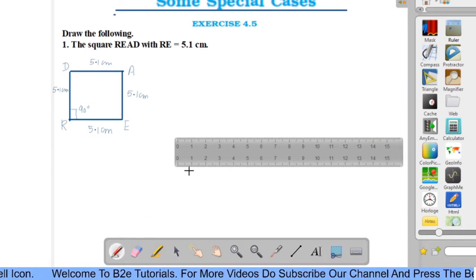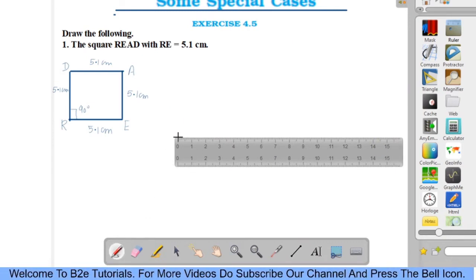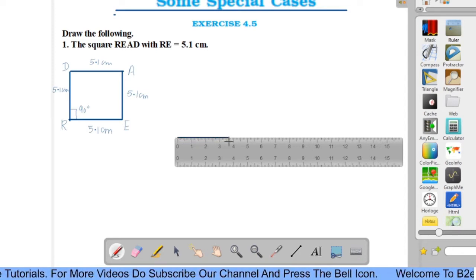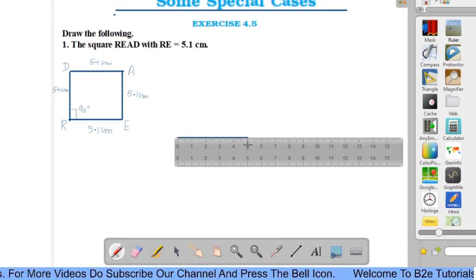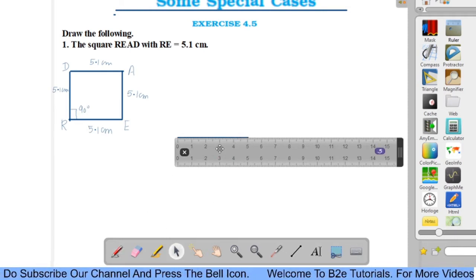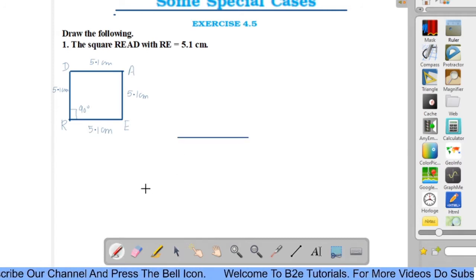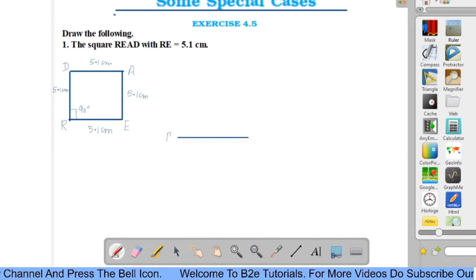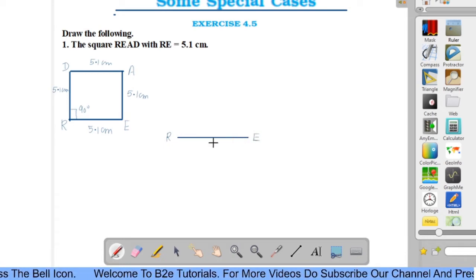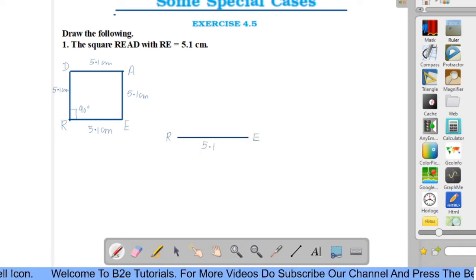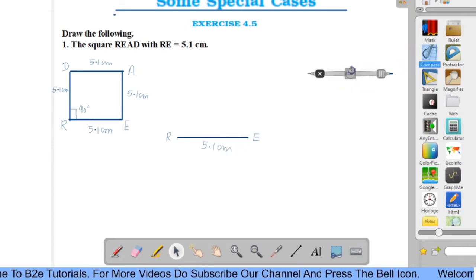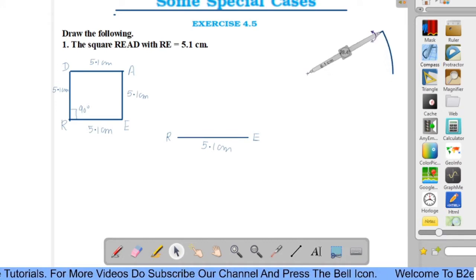Let us draw line segment RE equal to 5.1 centimeter. Now from R, draw an angle of 90 degree.